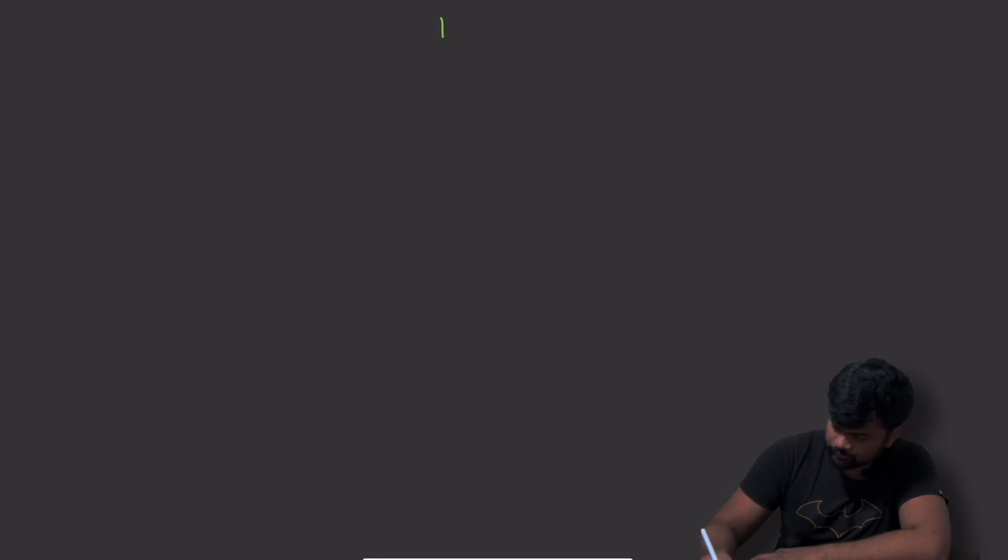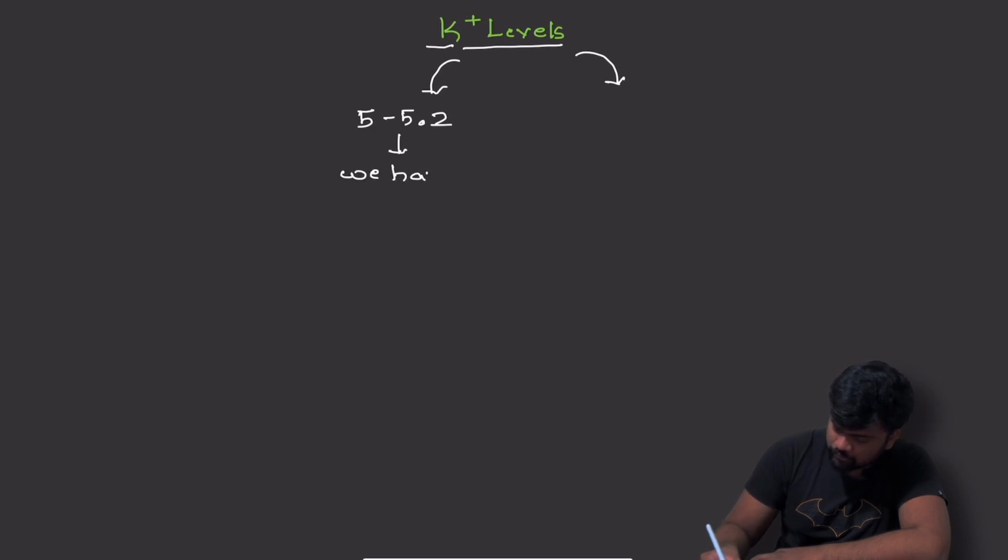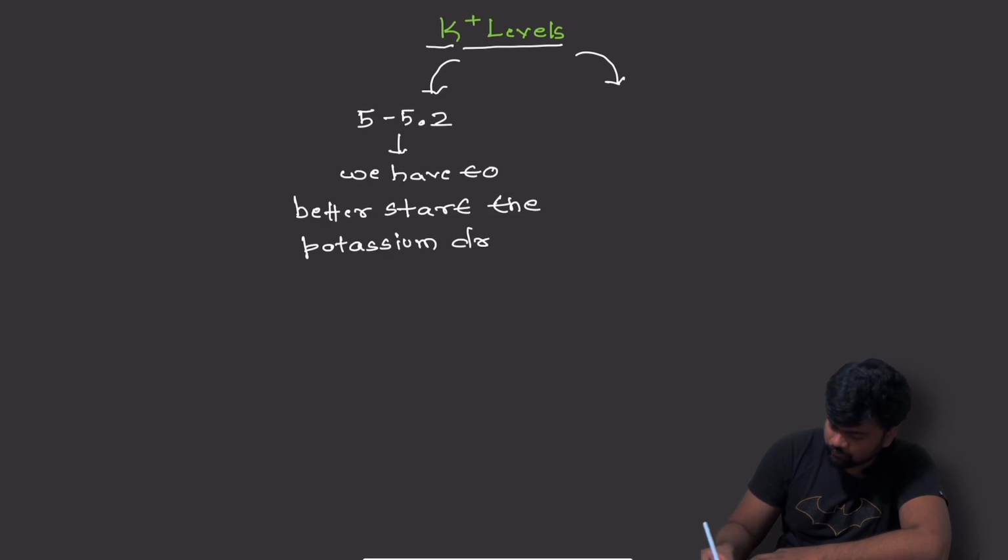While giving insulin, we always have to remember the potassium levels. We have to study two conditions about these potassium levels. Once potassium level reaches 5 to 5.2, we had better start the potassium drip.